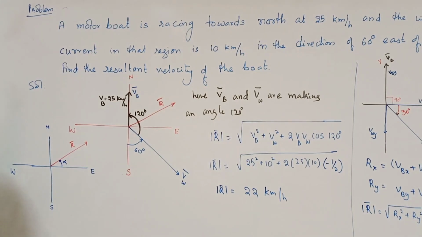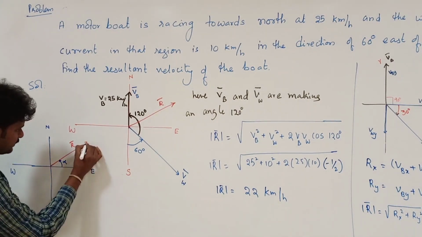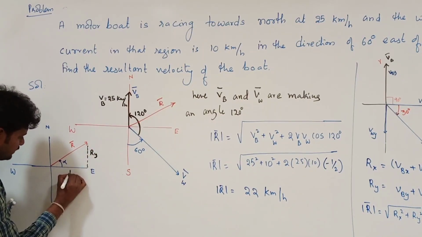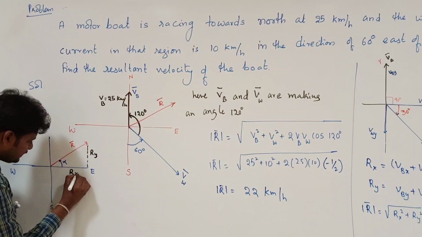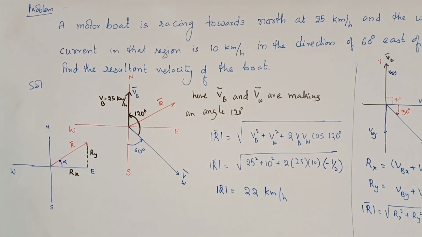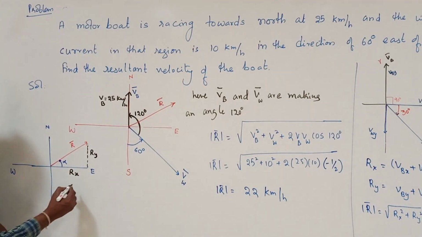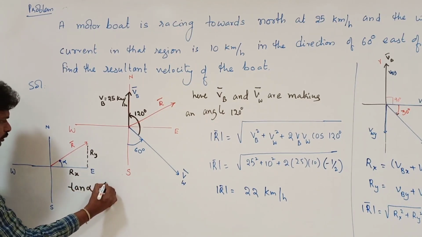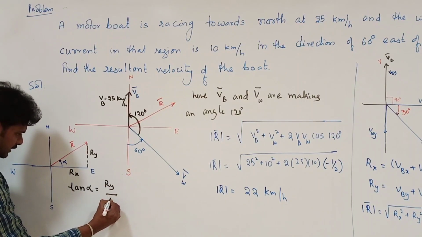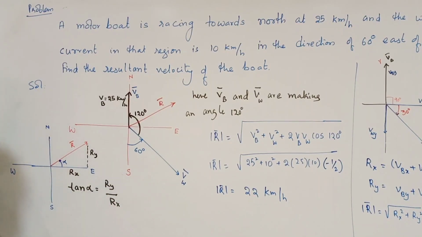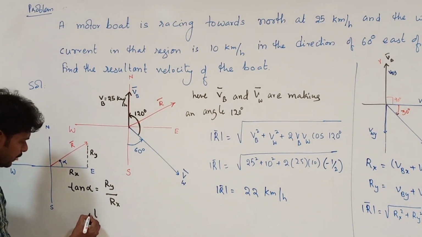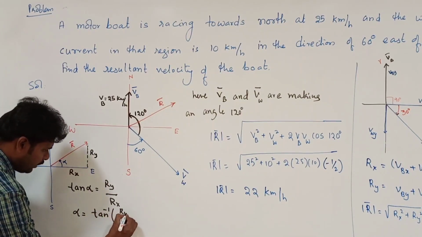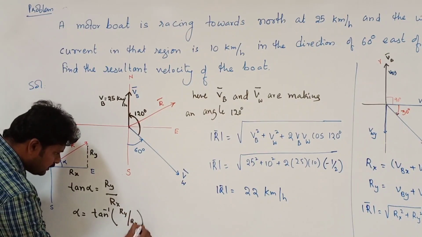This is the Ry component and this is the Rx component. If we want to find alpha, we simply apply tan alpha is equal to Ry by Rx. Alpha is equal to tan inverse of Ry by Rx.